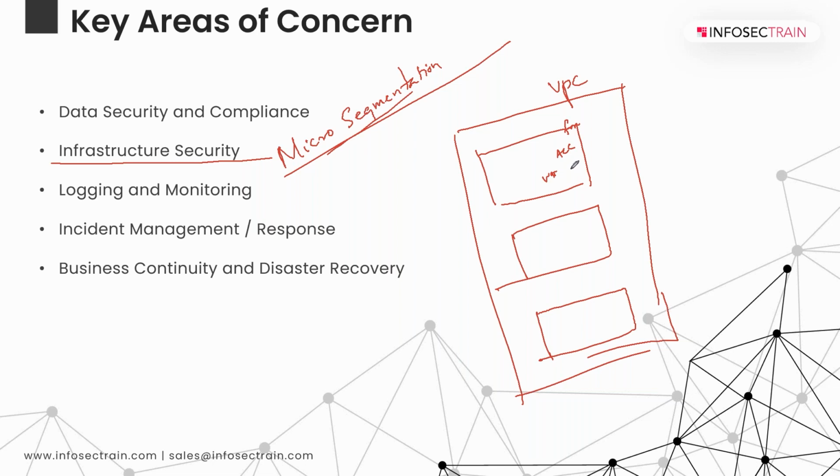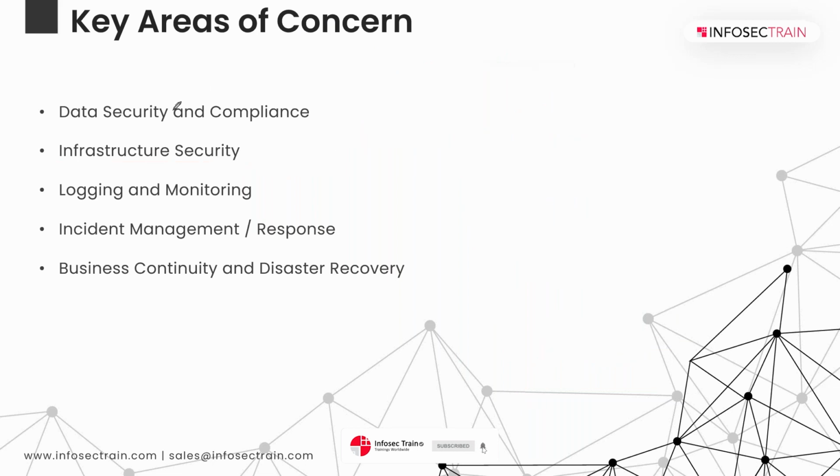Like this, you are placing multiple levels of controls to access each of them. You are securing each zone, and that is what we call micro-segmentation. You are dividing your whole network into multiple small networks and securing them separately. So at the end of the day, this is also your challenge. In most cases, even if they provide that, the virtual infra is your responsibility.